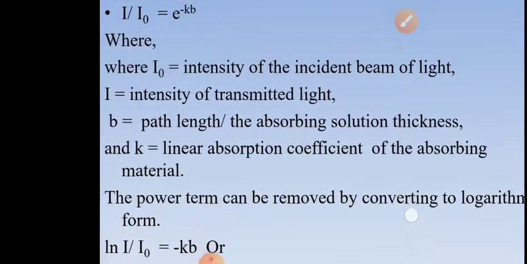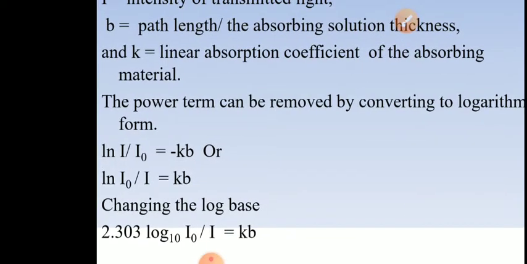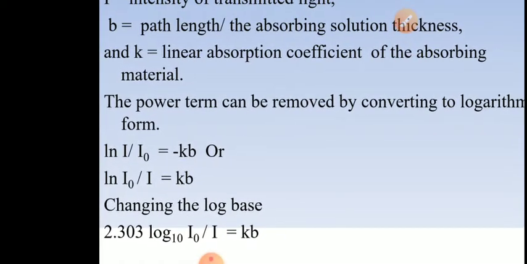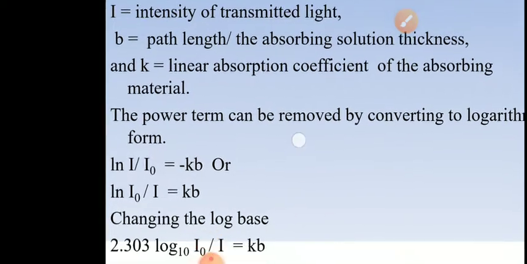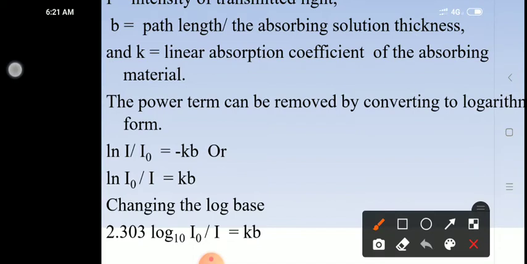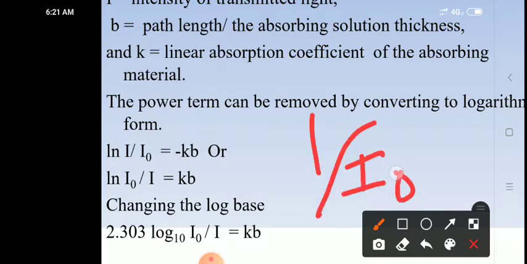Now you have to remove the power term e raised to minus kb. What do you have to do? Take the log of it, so ln I upon I0 is equal to minus kb.